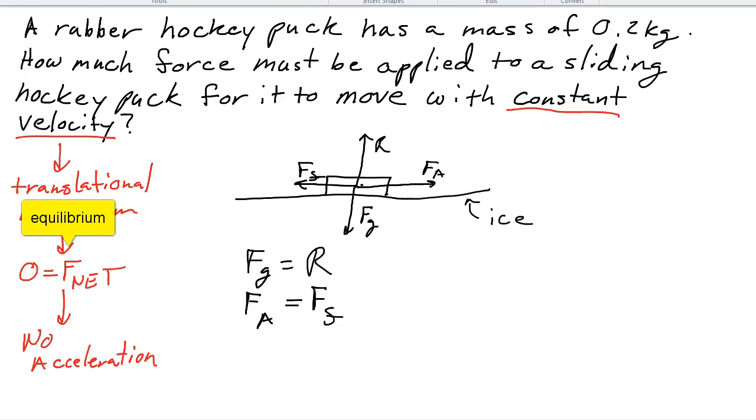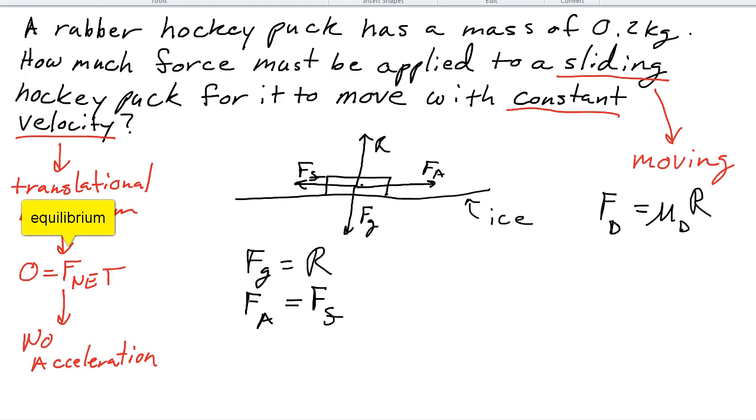Okay, what's next? In this case, we have a sliding hockey puck, which is another important thing to look for. If we see the word sliding or moving in any way, that means the object is moving. And if the object is moving, we are not talking about static friction anymore. We are now talking about dynamic friction. And we know that our force of dynamic friction is equal to our coefficient of dynamic friction times our reaction force.